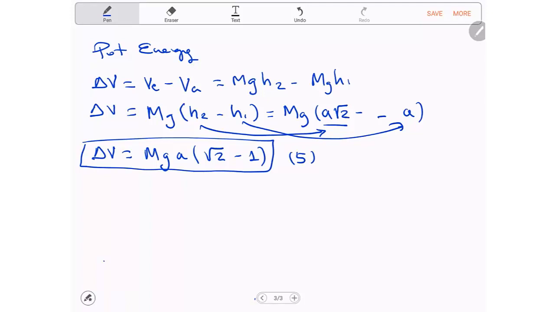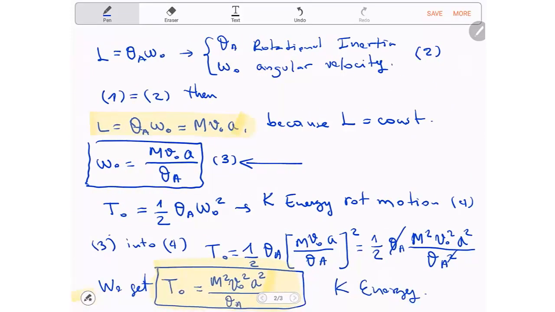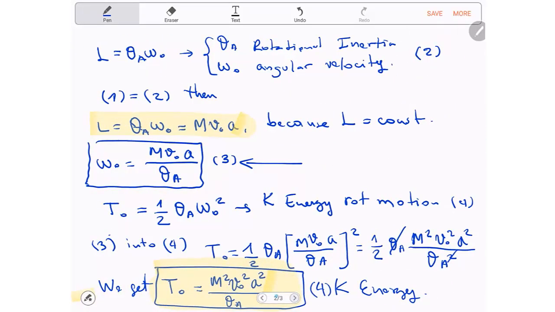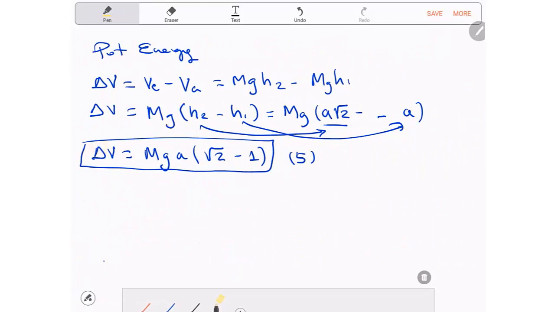For the conservation of the energy, we make equations 4 and 5 equal. Equation number 5 is equal to equation number 4 by the conservation of the energy.